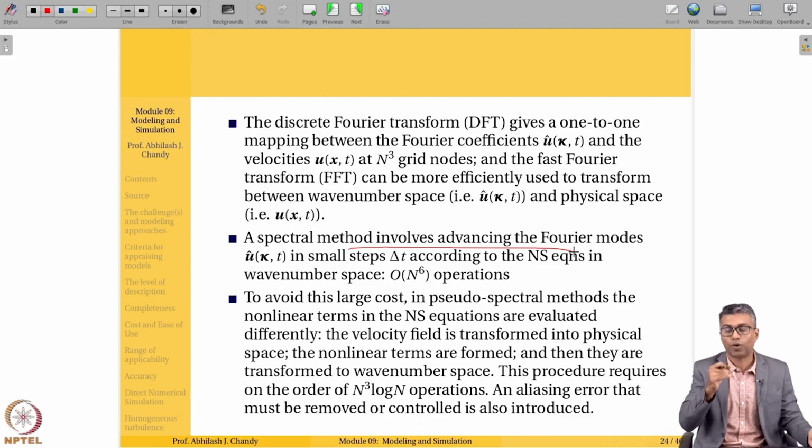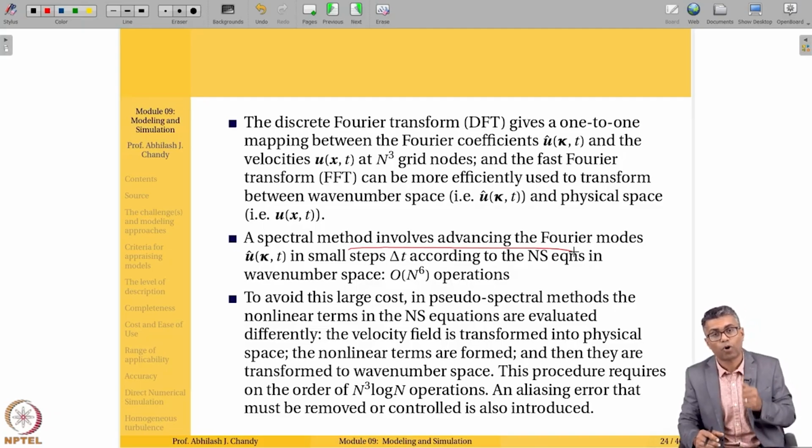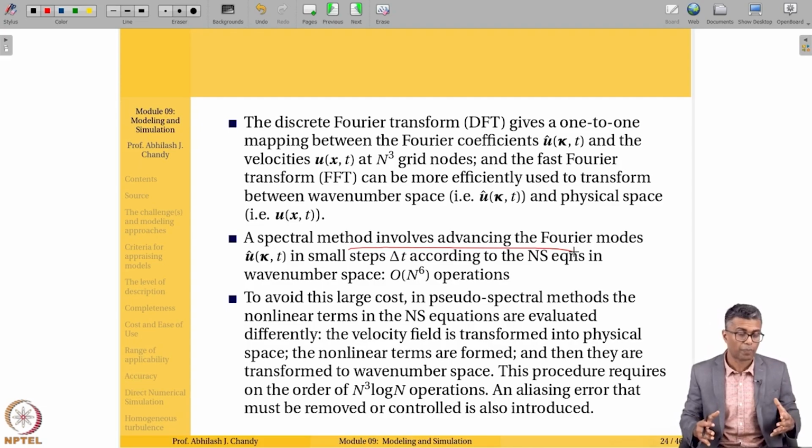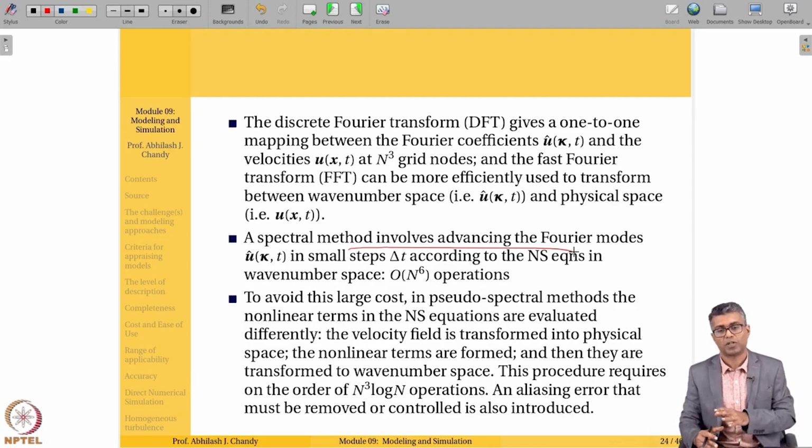If you remember, we converted our PDEs into ODEs because of the way we have done a Fourier transform. So you advance it in small steps in wave number space, and based on all the operations that are done, it is of order n to the 6 operations. That's a lot of operations, and in order to make it more efficient, pseudo-spectral methods are used.